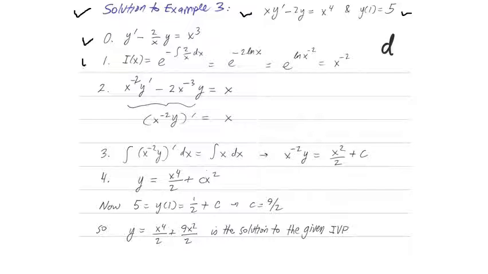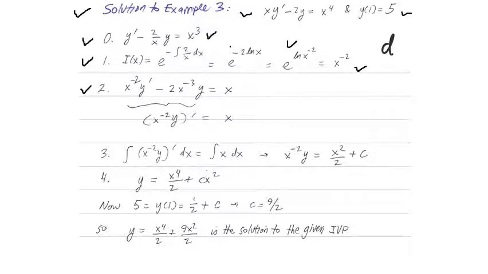Calculate our integrating factor. Just kind of like the previous example, use properties of exponents and logarithms. So our integrating factor turns out to be x to the minus 2. And remember, we're working with this equation, not the original equation. So take our integrating factor and multiply both sides by the integrating factor x to the minus 2.